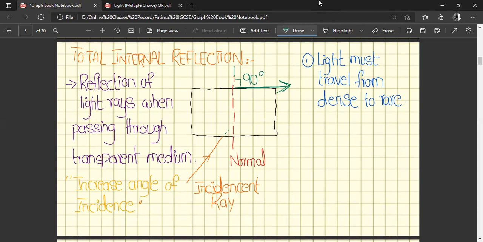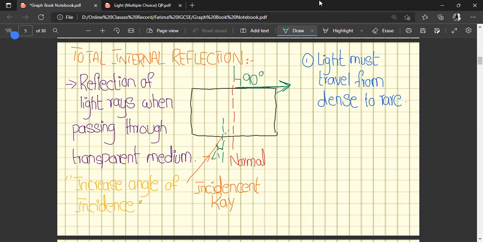Yes. Okay, so when light bends at a 90-degree angle, let's suppose we draw the normal line here and we find this angle of incidence.